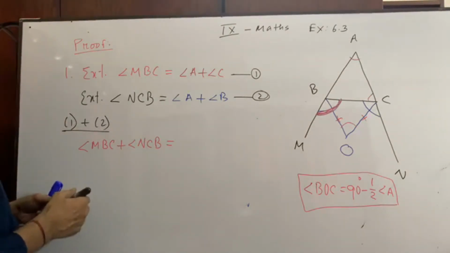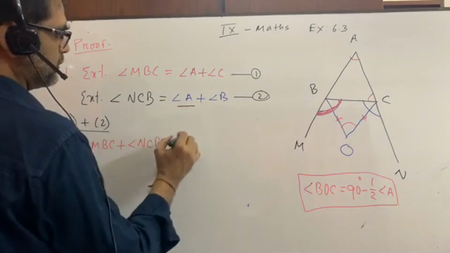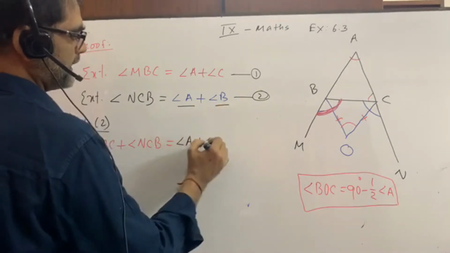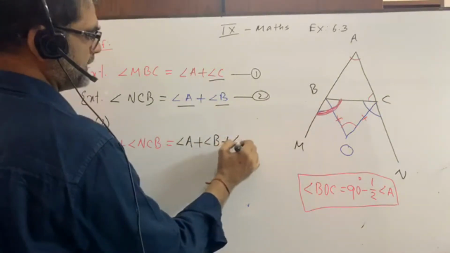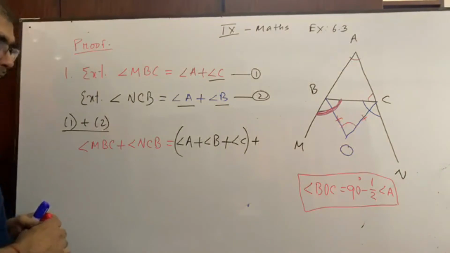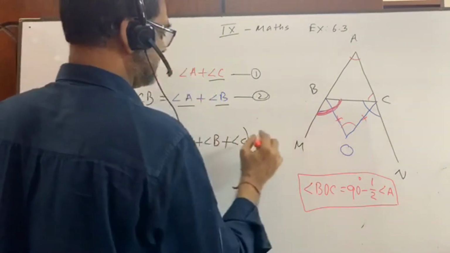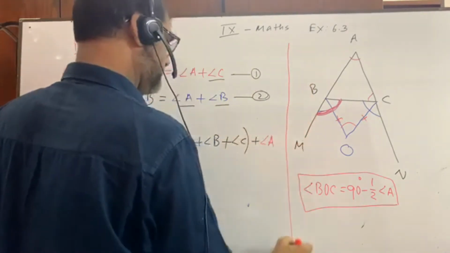Here on the right hand side, you see what we are going to write down. This is angle A, I have written angle A. This is angle B, I have written angle B. This is angle C, I have written angle C. But this is again angle A, it is left here.